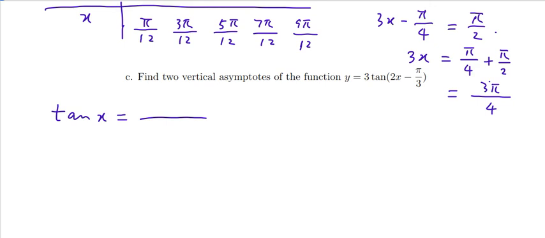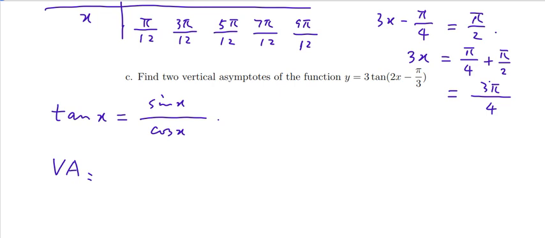We can write tangent as sine over cosine. So here we should regard tangent as a rational function. We have a denominator, so we have the vertical asymptote, which is cosine x equals 0. Cosine x equals 0 has many solutions.